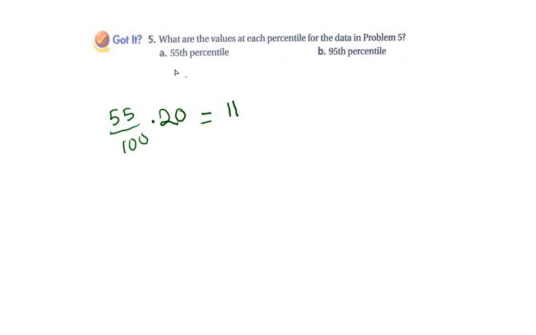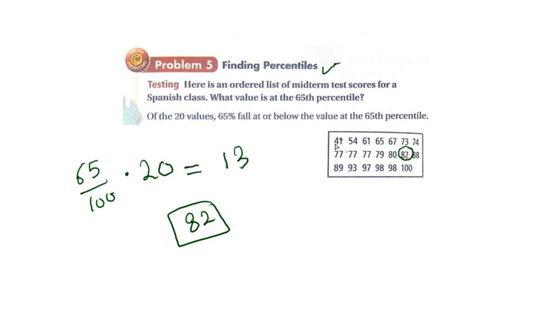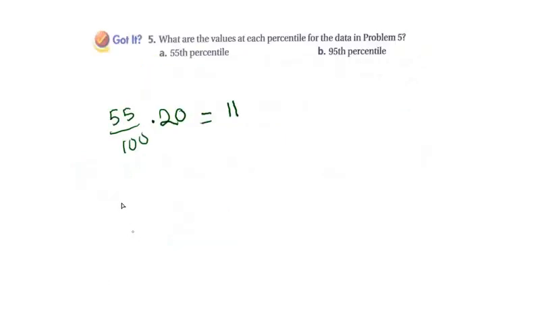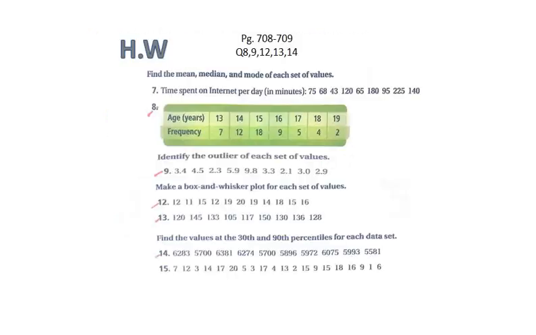So 11 values are less than or equal to the 55th percentile. Let's go back to the numbers to see. The value number 11 is 79, so the 55th percentile is 79. The answer of B is 98. You can do it to check your understanding.